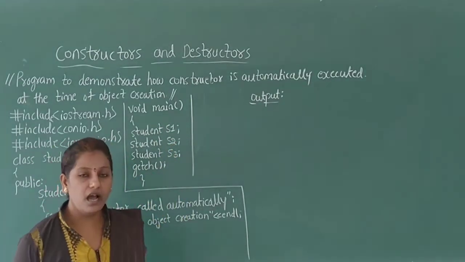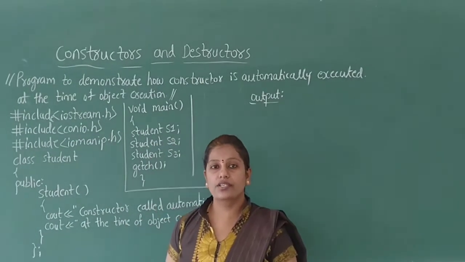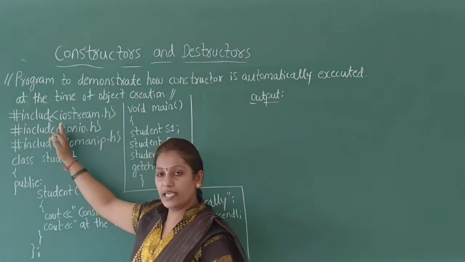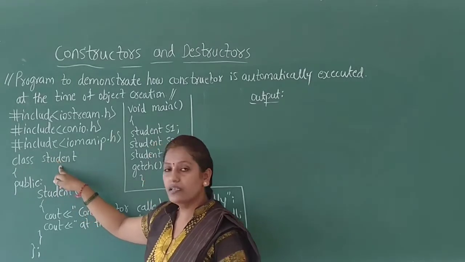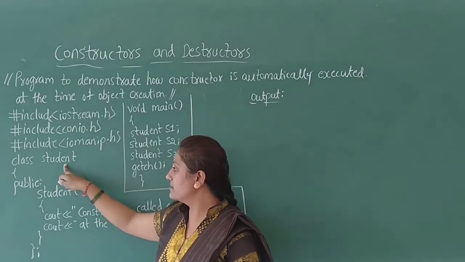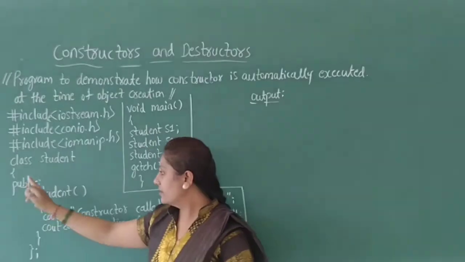We'll see how this program executes instructions one by one. First, it includes header files. After that, it creates a class student. Here the class name is student and it is declared with the keyword class.